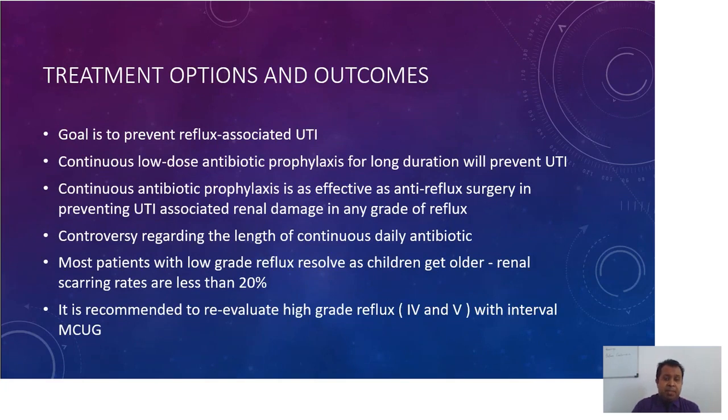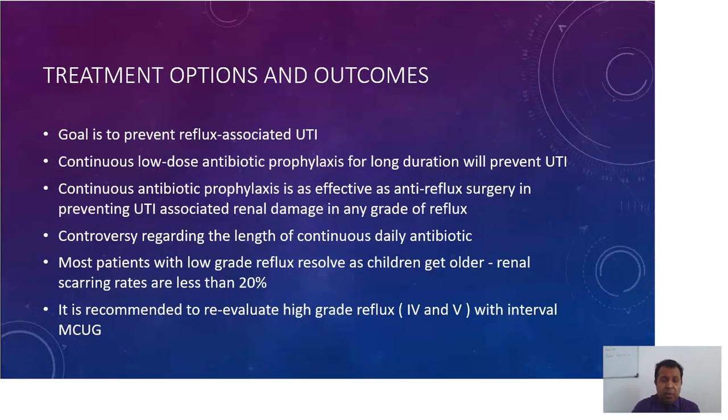What are the treatment options and outcomes? Why is this vesicoureteric reflux important? It is important because it causes recurrent urinary tract infections. Therefore, our aim is to prevent reflux-associated UTI.